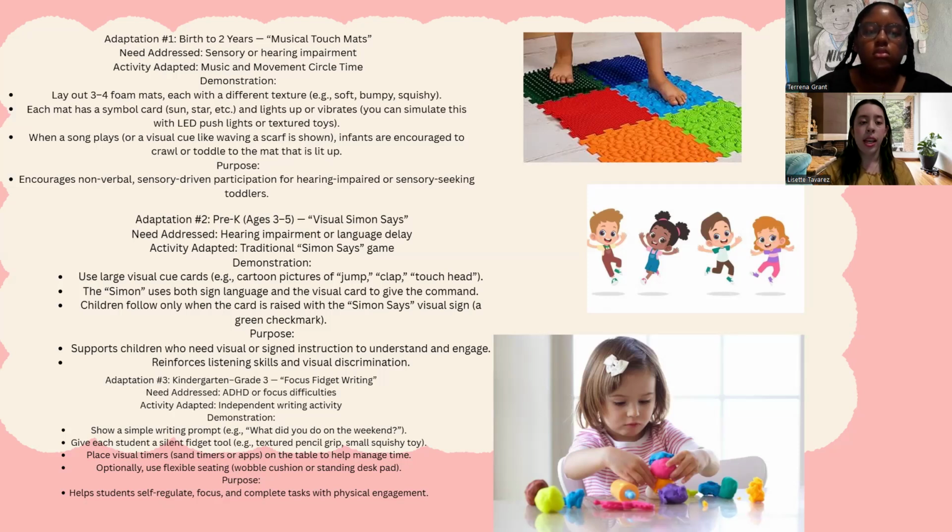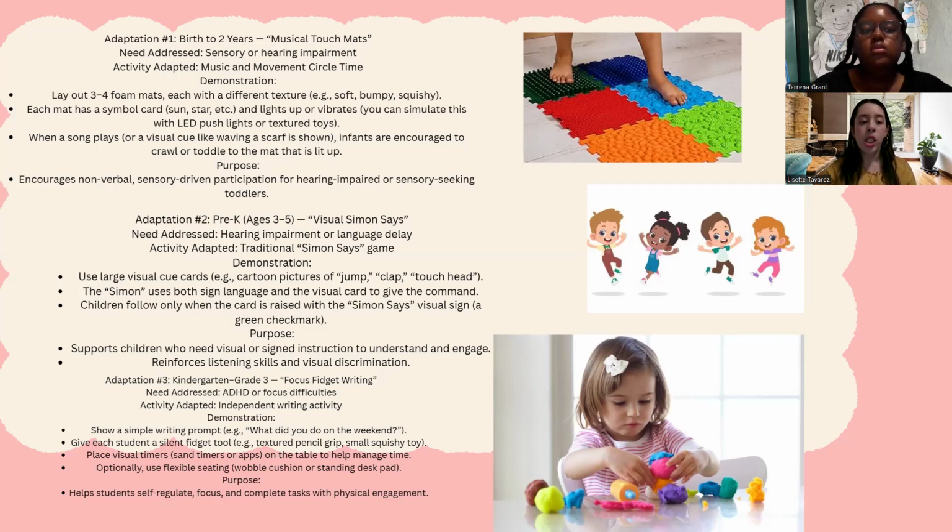Adaptation 2, pre-K, ages 3 to 5. Visual Simon Says. Need addressed: hearing impairment or language delay. Activity adapted: traditional Simon Says game. Demonstration. Use large visual cue cards, for example cartoon pictures of jump, clap, touch head.